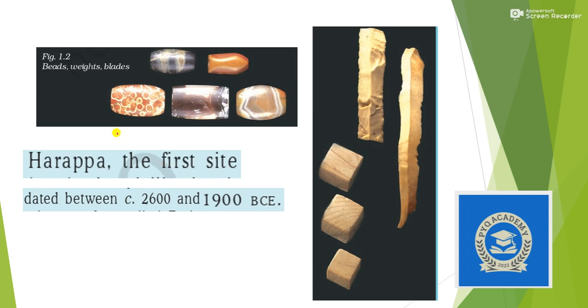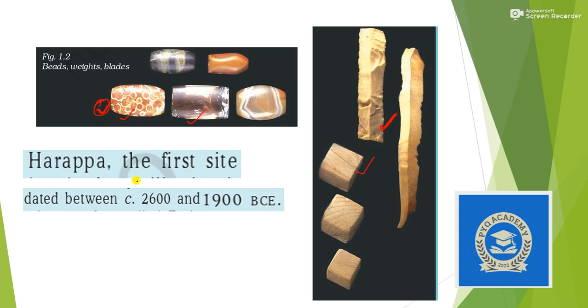Here you can see different kinds of beads, weights and different stone blades. This shows that the Harappans, the people in the Harappan culture, that means Indus Valley civilization culture, were experts in making various kinds of beads from various kinds of raw materials, using precious stones or shells or cheap materials like steatite or terracotta.